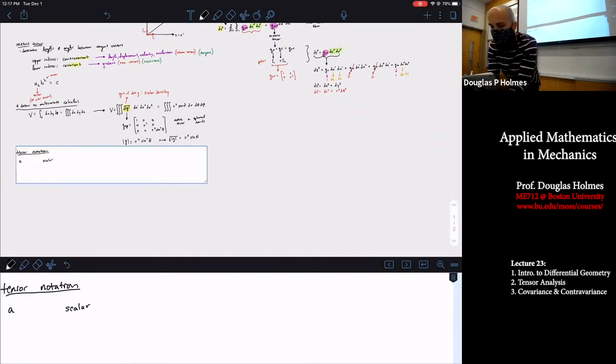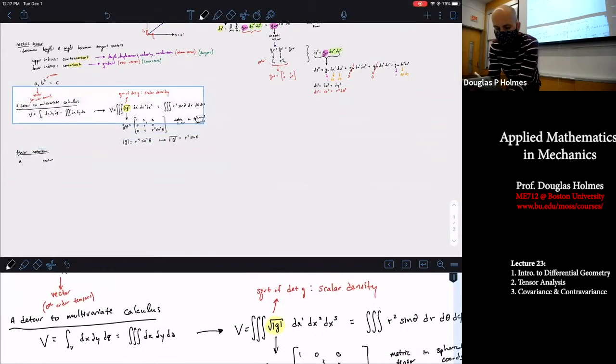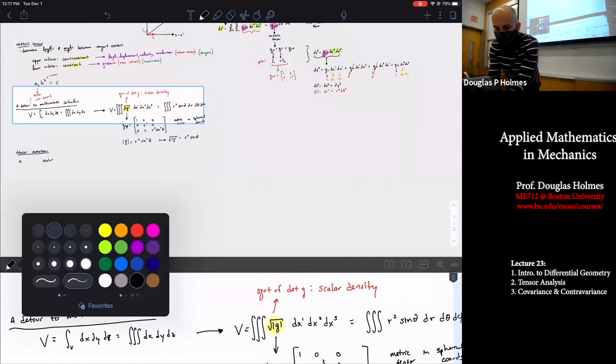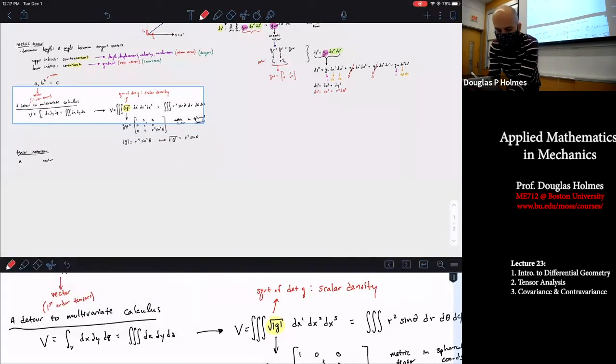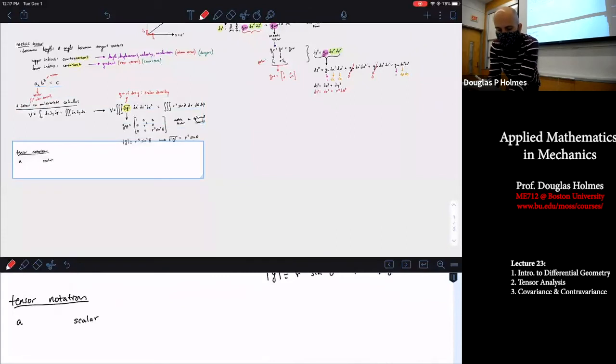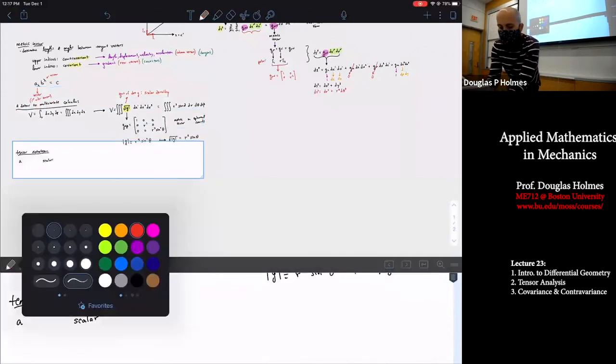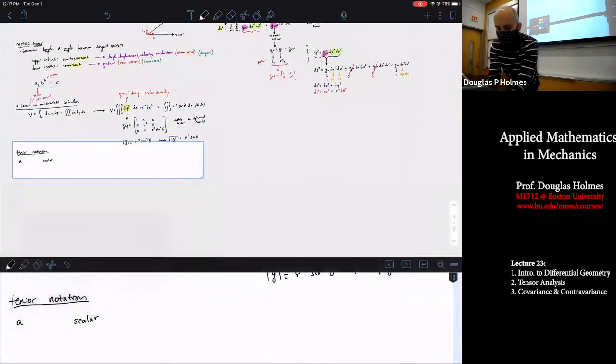I think I was incorrect up here. I think I called these zeroth order tensors. I think I meant to say these are first order. Sorry. That's better. So a scalar is a zeroth order tensor, if you want.